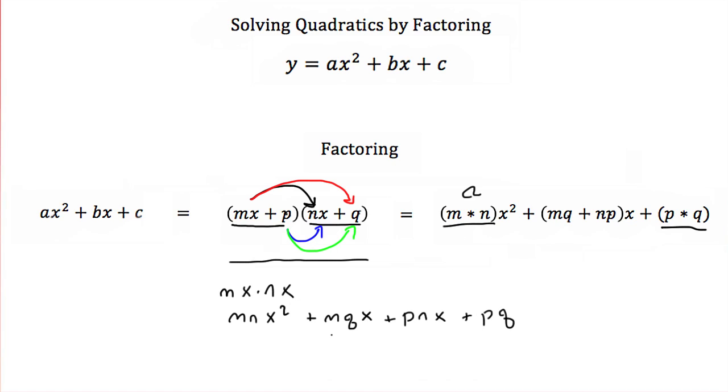And if I add these like terms together, because remember, m, q, p, and n are all just numbers, so my variable is x. So if I take this and I factor out my x, I'll have x times mq plus pn, which is what we have right here.